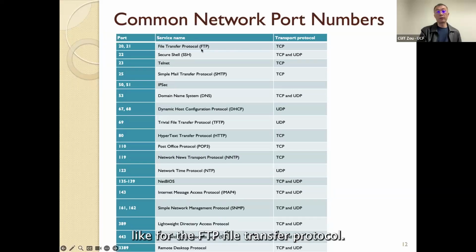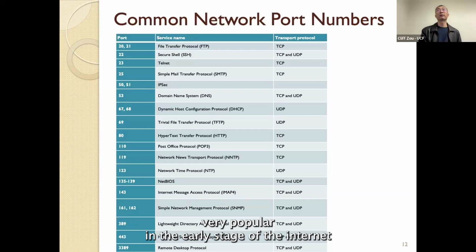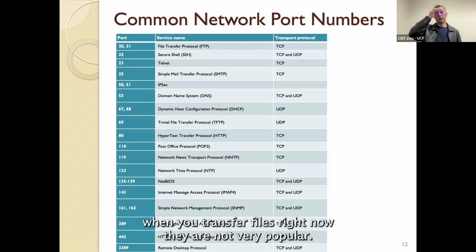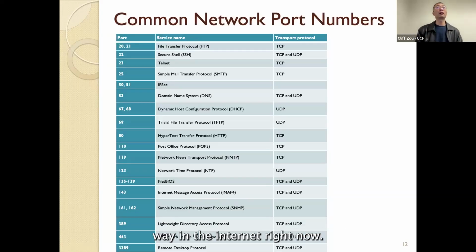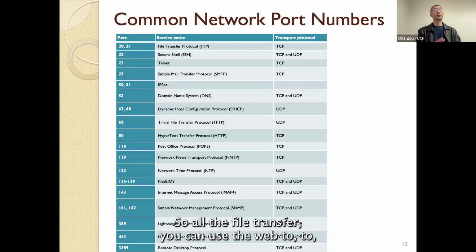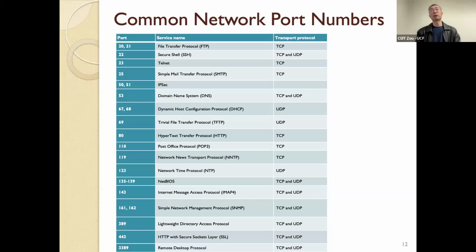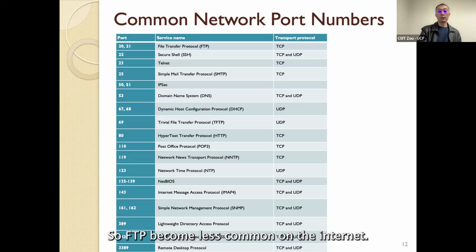Like for FTP, file transfer protocol, the port number is 20 and 21. FTP was very popular in the early stage of the internet when you transferred files. Right now, it is not very popular because the web is the dominant communication way on the internet right now. So all file transfer, you can accomplish by using the HTTPS protocol. So FTP has become less common on the internet.